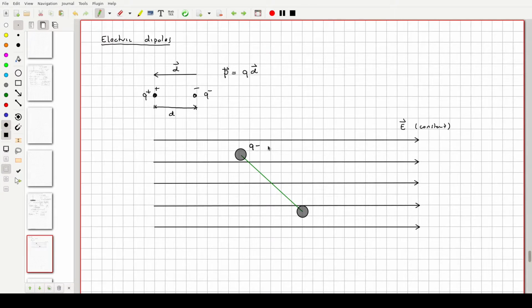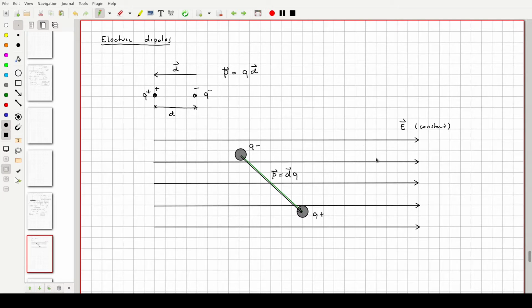So this would be Q minus, and this right here is going to be Q plus. Okay. So our dipole moment here would look like this. And actually, just to keep the green there, I'm going to put this beside it so you can see. It points like that, from the negative, remember, to the positive. And it looks like whatever this D distance is here times Q. Okay, like that.